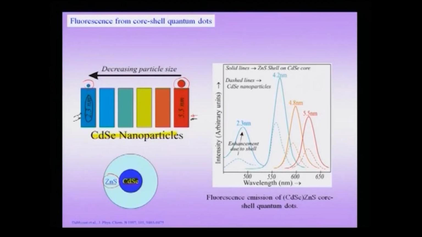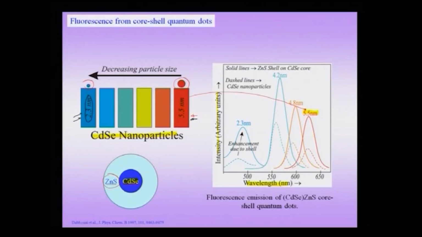Now, this is a very striking example, and if I plot intensity versus wavelength, this intensity is not the absorbing intensity, but the emission intensity. So, it is the other side of the coin of absorbance we just saw, and we are again plotting it with respect to wavelength. When the particle size is 5.5 nanometer, the red case, you notice that there is an emission in the wavelength region 600 to 650 in the red color regime.